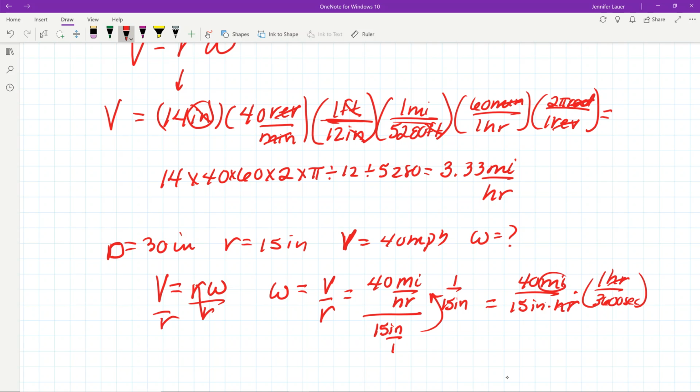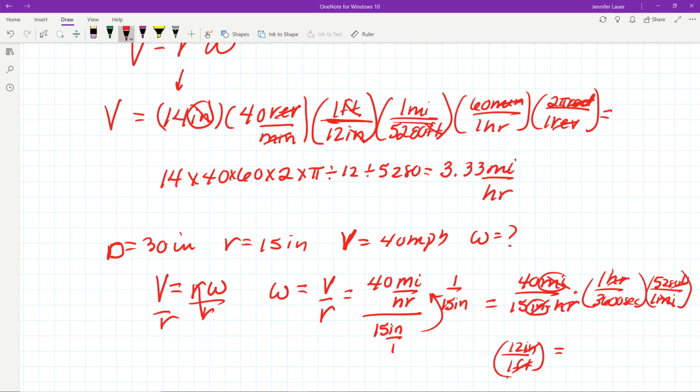I'm going to make miles and inches cancel out. In 1 mile, there's 5,280 feet. Now I'm going to come down here. In 1 foot, there's 12 inches. Think about it, that's going to cancel out. And guess what? That's going to cancel out.